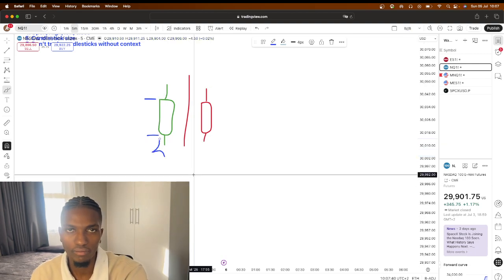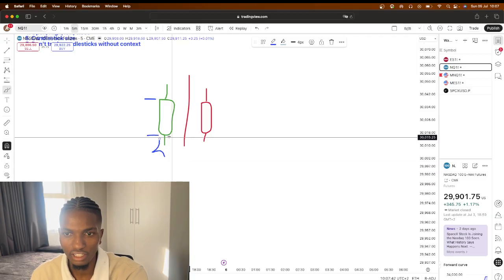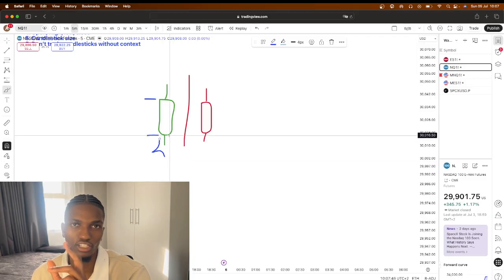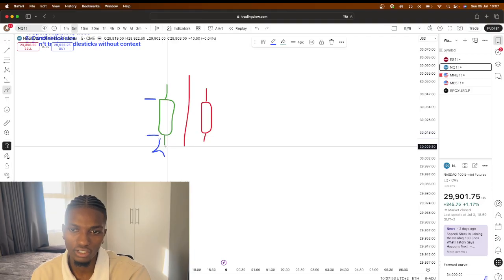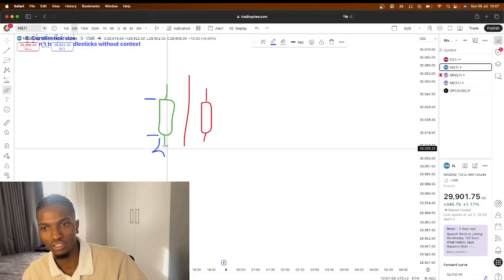So a wick simply means that the candlestick during its 5-minute period, if this was a 5-minute time frame, moved around and came all the way down to this low, right? But then it didn't close down here. What did it do?